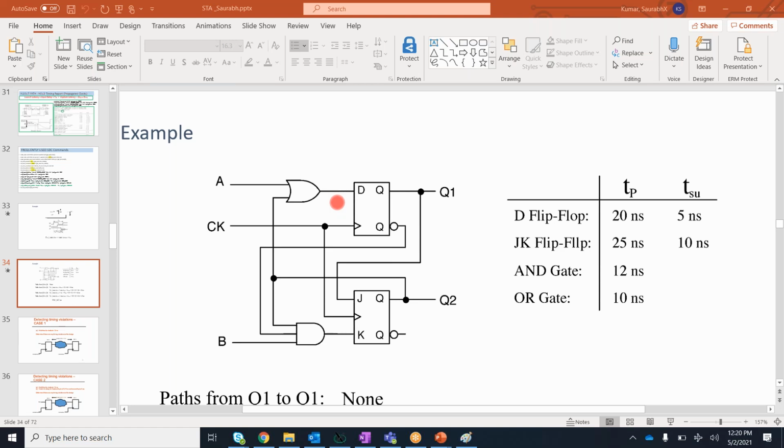How many? I was hearing some number. Can you repeat again? 4. Okay, one answer is 4. What about others? 2 paths. Two, sir. Okay, 2. Another answer.